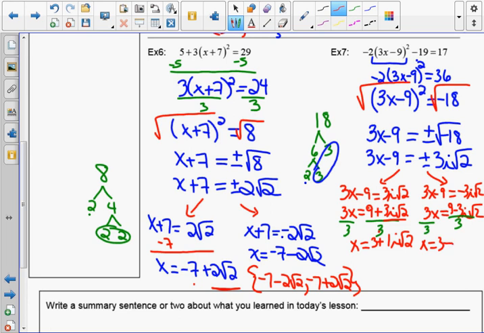It doesn't affect the i, it doesn't affect the radical 2. We just worry about the 3 over the 3, which is going to give us a 1i and then the radical 2. So now I'm going to put our answer in the squiggly brackets. So we have 3 minus 1i radical 2, and we have 3 plus 1i radical 2.